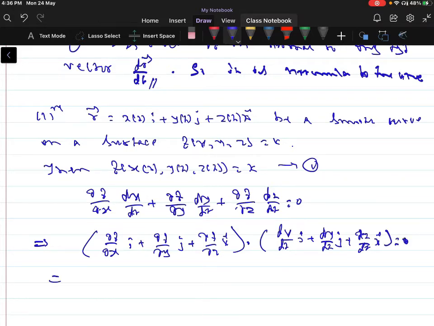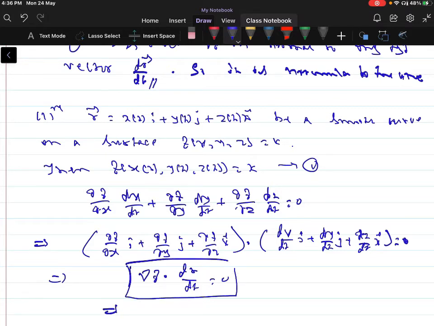So this implies gradient of f dot dr/dt is equal to 0. So this implies that gradient of f is perpendicular to tangent planes.